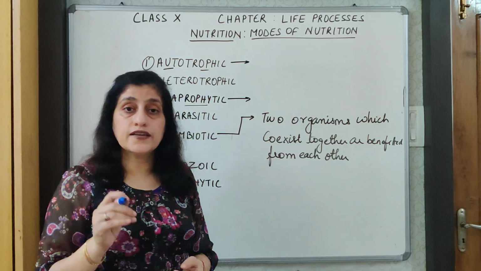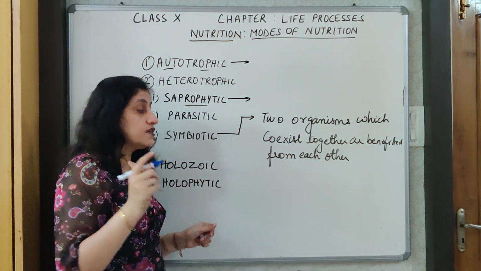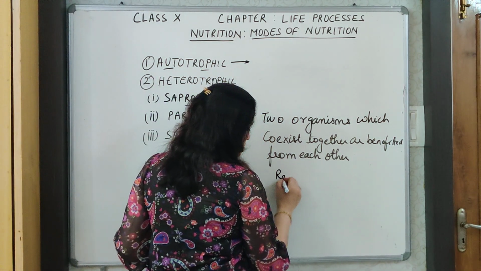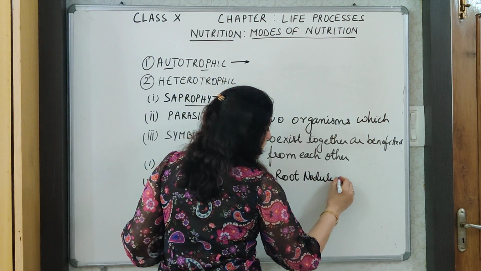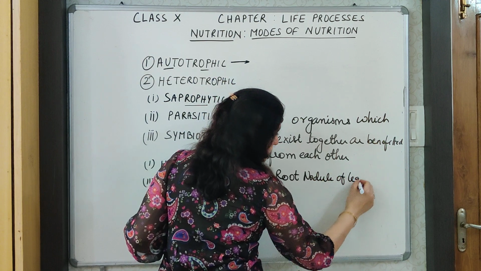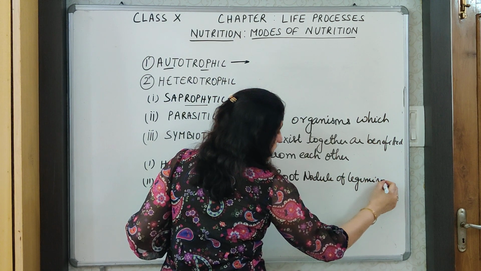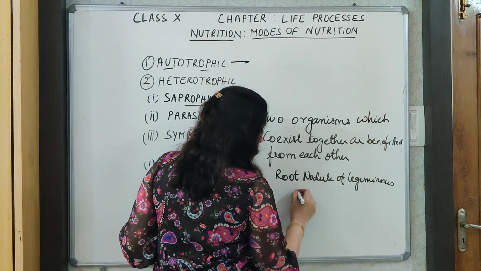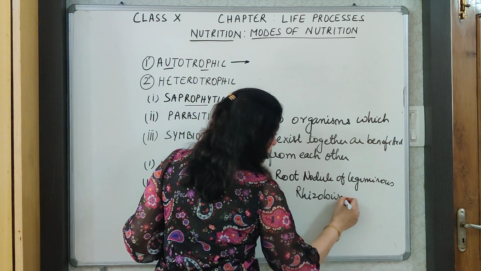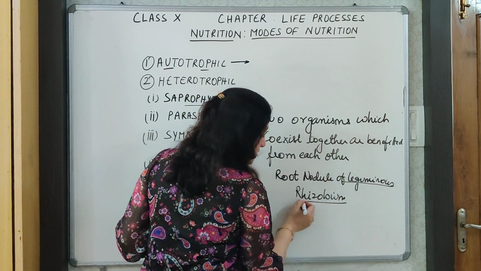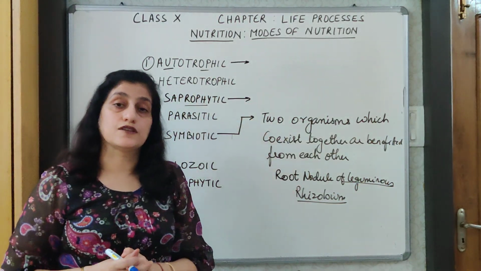You have studied in the leguminous plants, so the root nodules of leguminous plants have the rhizobium bacteria present in them. So here, which are the two organisms? Leguminous plants and rhizobium living together.